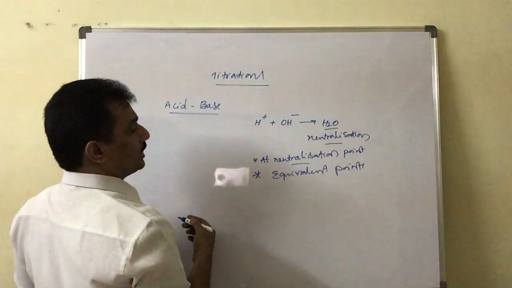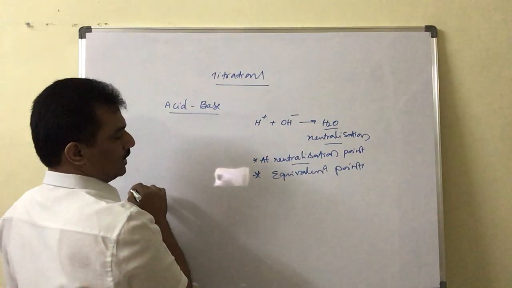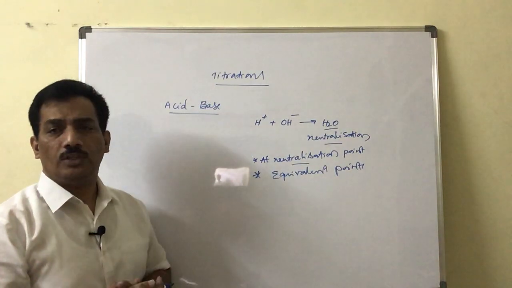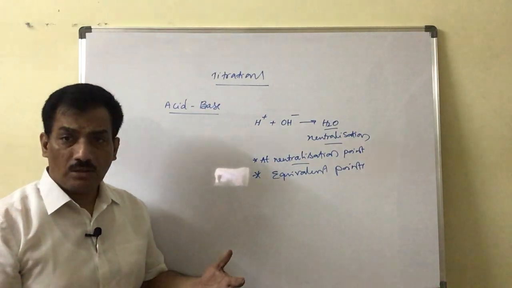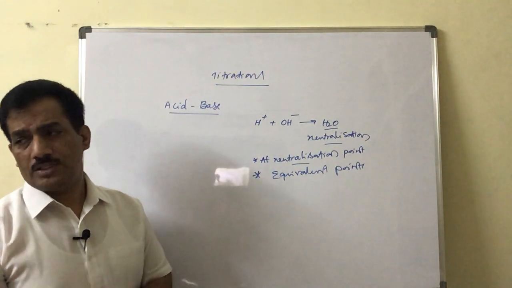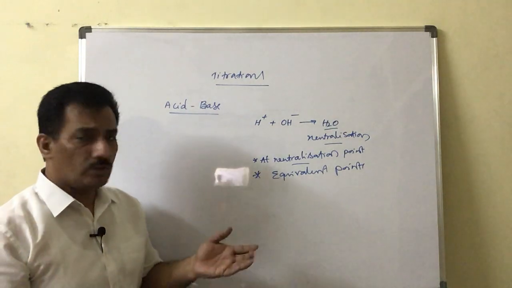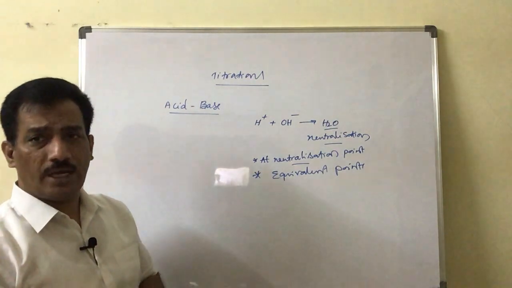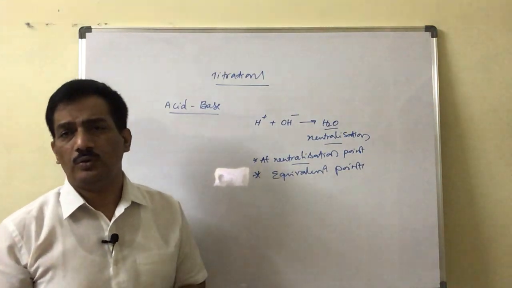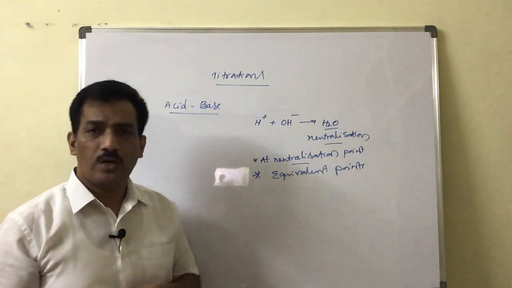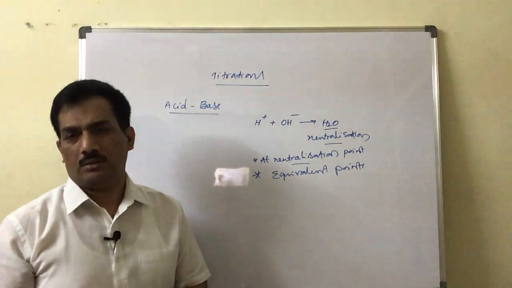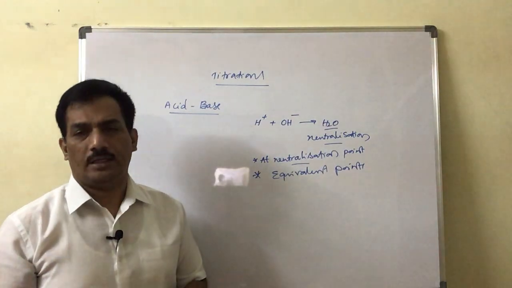In case of acid base, just remember, I am considering acid and base equivalents. If it is a redox reaction, you can consider the equivalent weights of oxidant and of reductant. You need not worry about these reactants, the participants in the reaction: with acid we are not going to use an oxidant, and with base we are not going to use a reductant. It is just acid with base and oxidant with reductant, is it not?